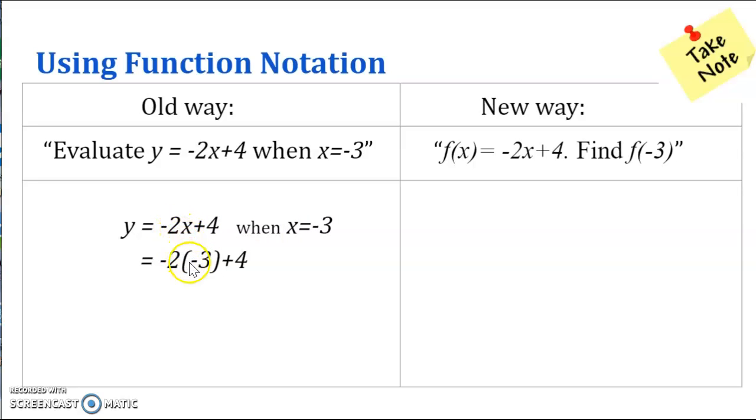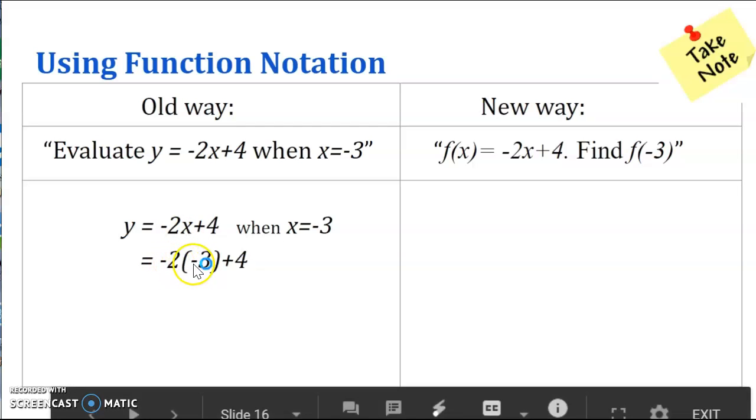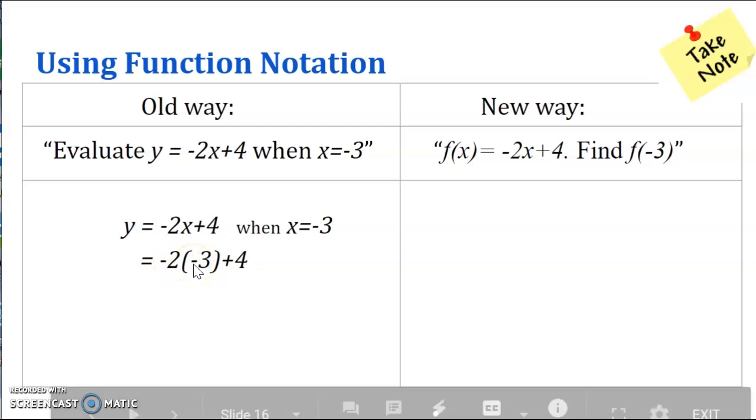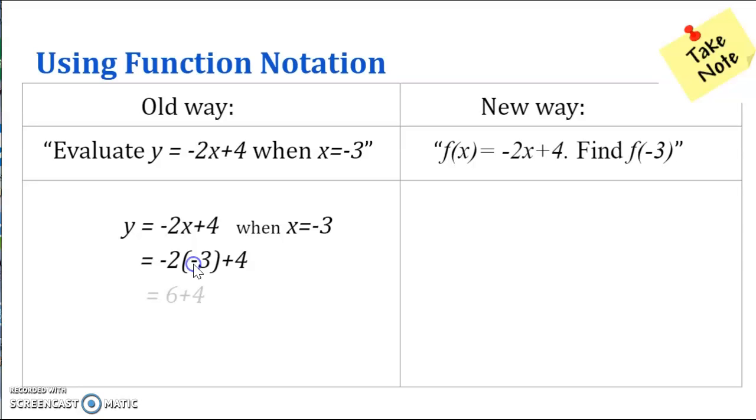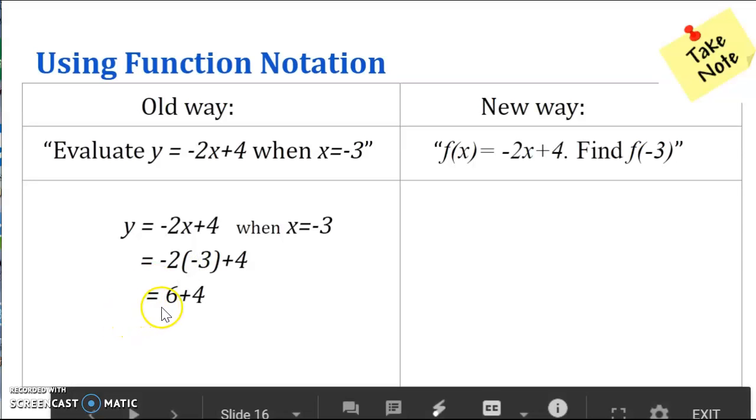You need to remember that the operation between is multiplication. 2x means it's 2 times x. So here we go. Notice that I'm using parentheses so that I do not lose the negative sign, and that's a very common mistake. So please, please, please use the parentheses. Okay, then negative 2 times negative 3. Negative times negative is positive, and 2 times 3 is 6, so it becomes 6 plus 4, which is 10.